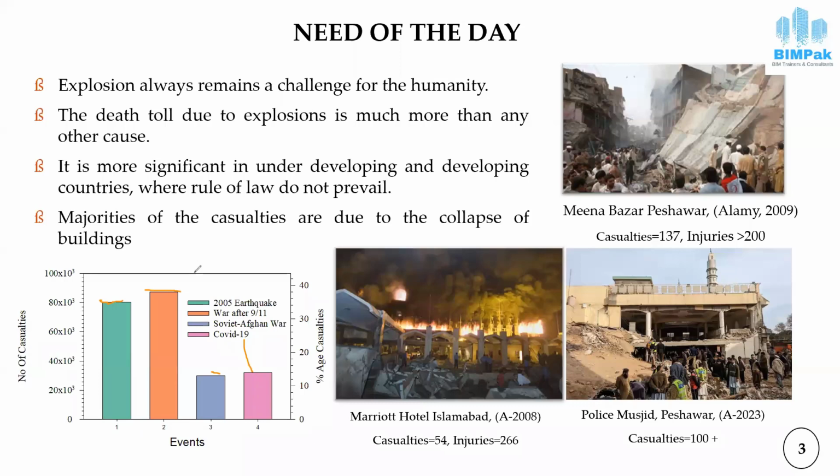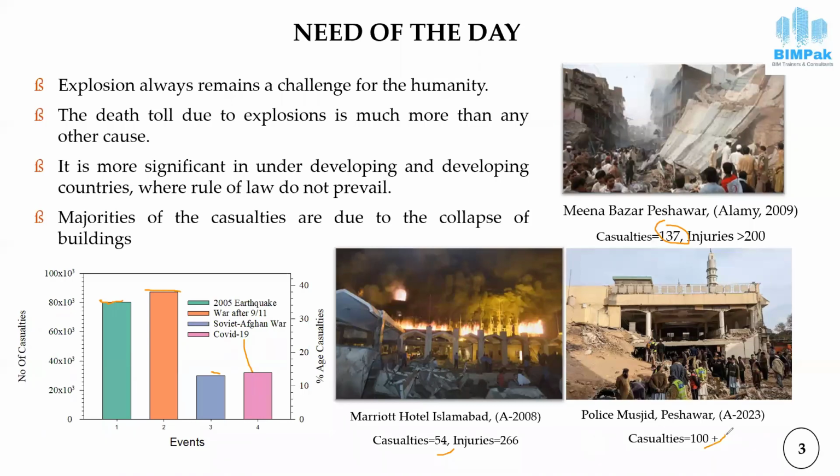The major casualties occur due to the collapsing of the structure. For example, the Mina Bazar Peshawar blast, in which more than 137 people died. Similarly, the Marriott Hotel in Islamabad, in which 54 people died. And the recent attack on a Peshawar mosque, in which 100 plus people died.